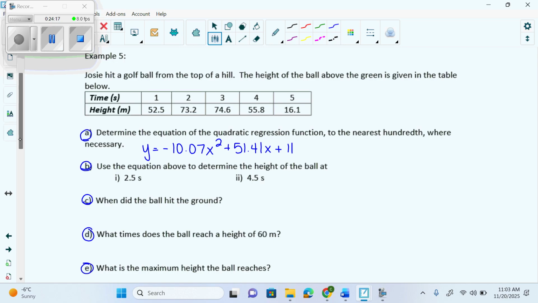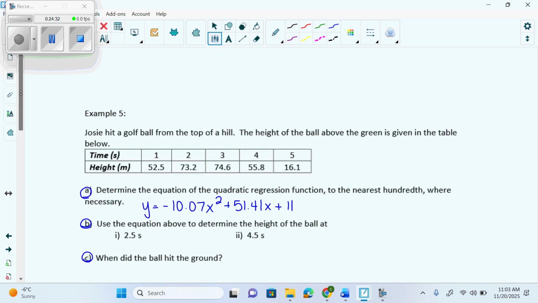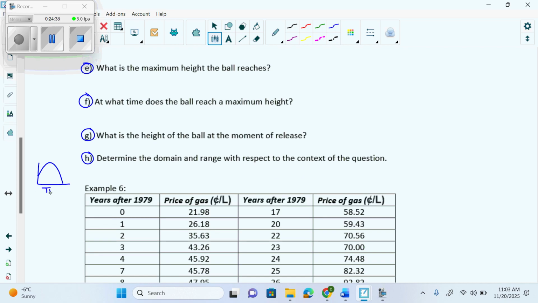Okay. So I see something on my graph like this. We're going to go down to H first. I see something like this. Okay? What is the x values? Time in seconds. We agree? So this is time in seconds.